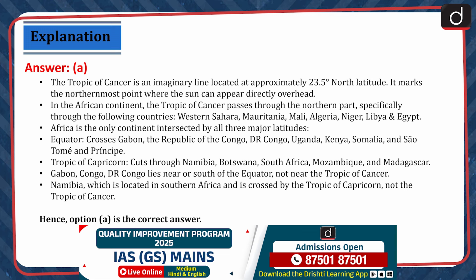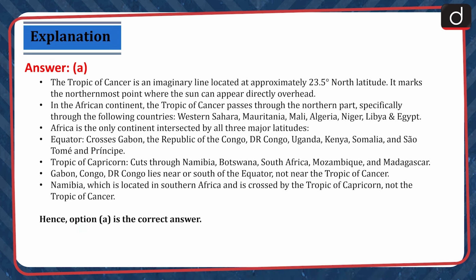In the African continent, the Tropic of Cancer passes through the northern part, specifically through the following countries: Western Sahara, Mali, Algeria, Niger, Libya, and Egypt. Africa is the only continent intersected by all three major latitudes. The Equator crosses Gabon, the Democratic Republic of Congo, Uganda, Kenya, Somalia, and Sao Tome and Principe.